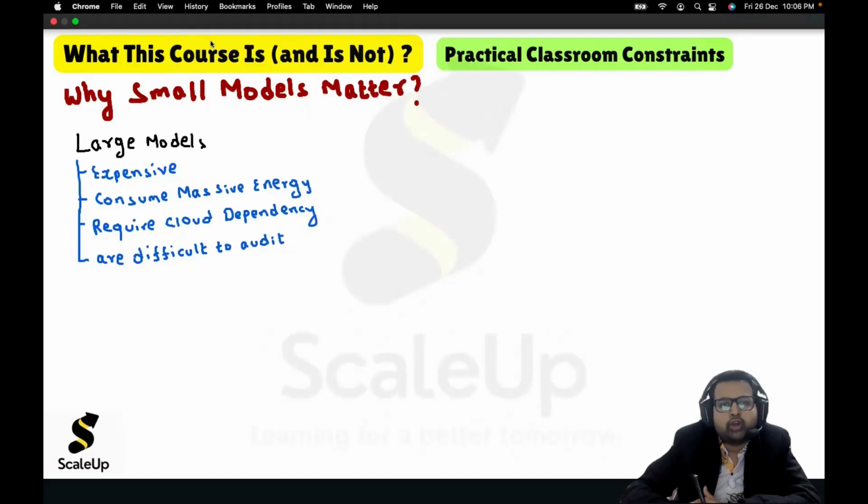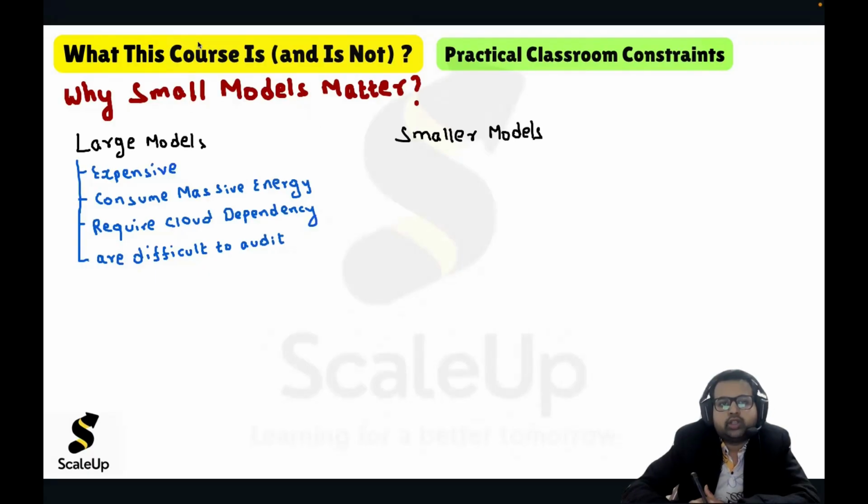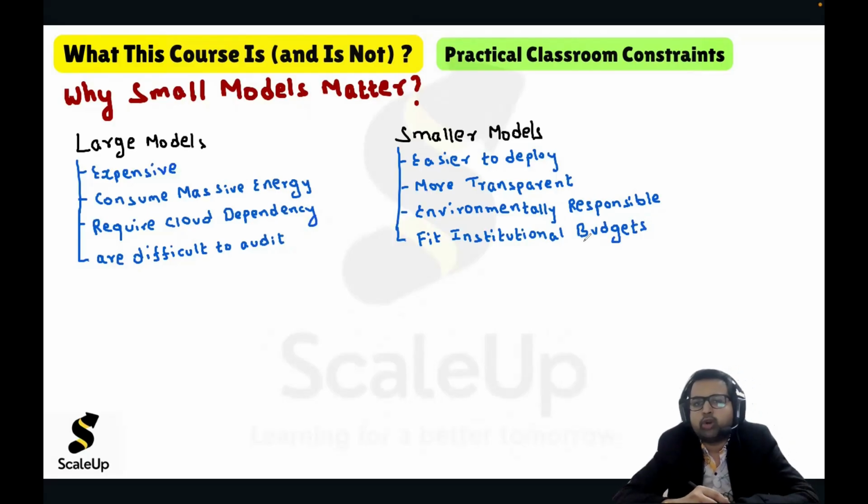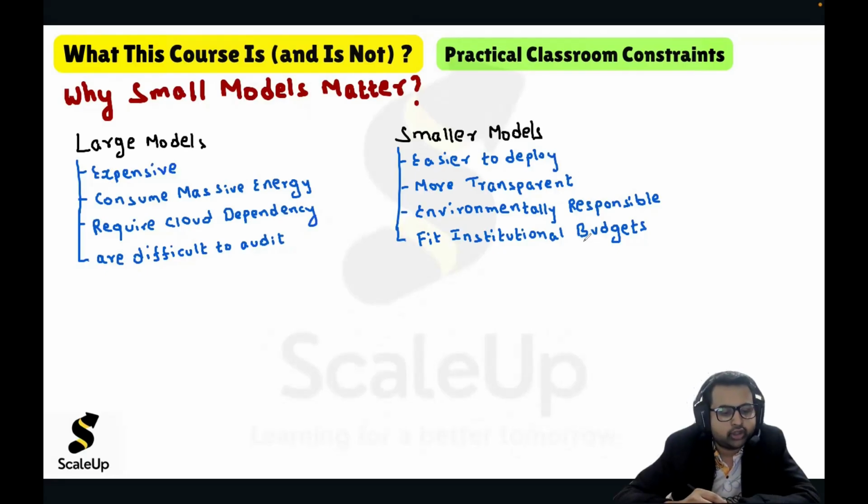Smaller models are easier to deploy, they are more transparent because they're less complex, they are environmentally responsible because they consume less energy, and they fit institutional budgets, as they are less expensive.